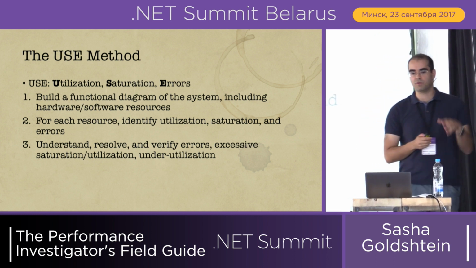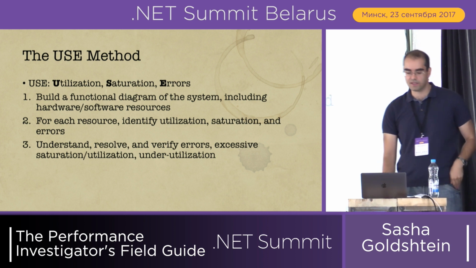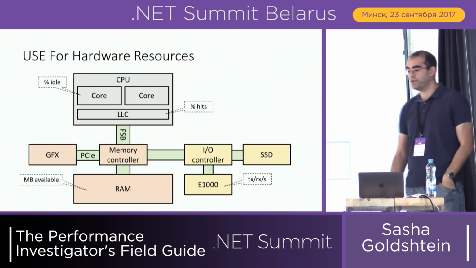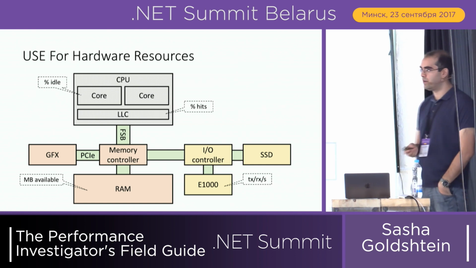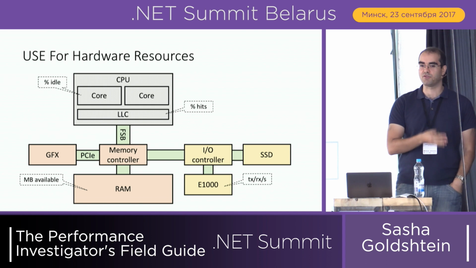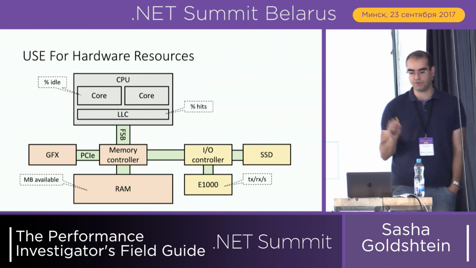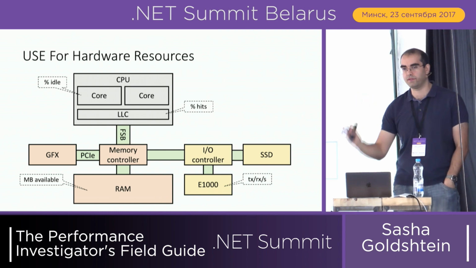Now, an easy way to get this into your toolbox is to have a diagram. And so here's a diagram for hardware. So you have a CPU, you have memory, you have a disk, you have a network adapter. For each of these things, you can look at utilization, saturation, and errors.